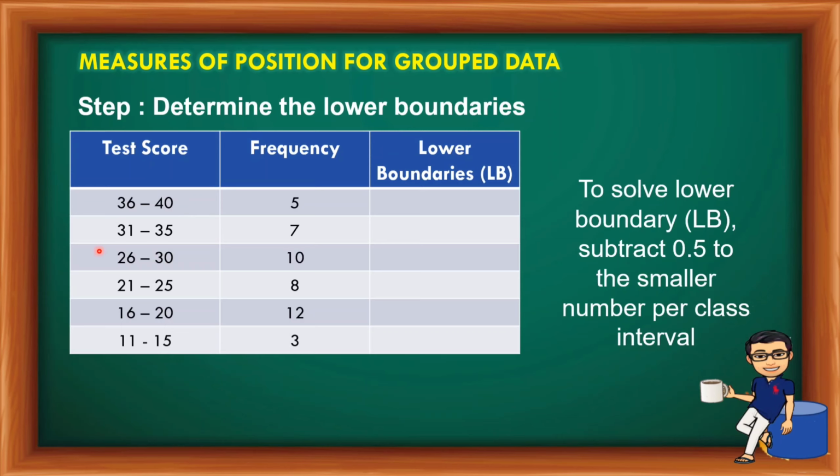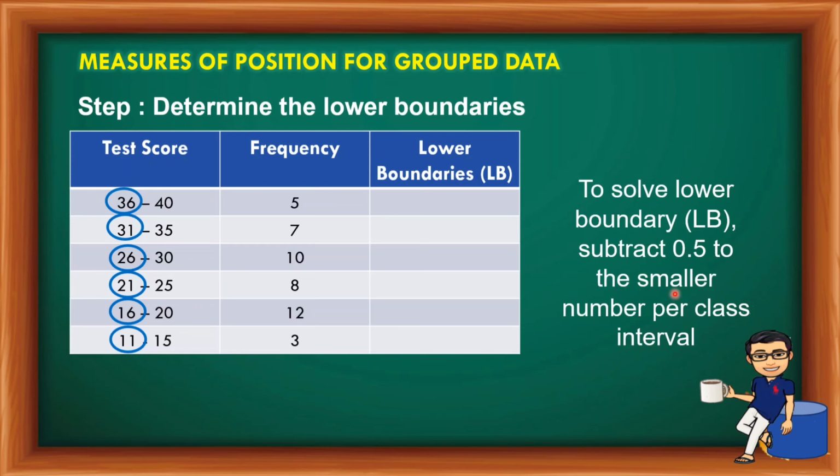At kung titignan natin, from this class, 11 to 15, ang ating smaller number ay 11. Sa 16 to 20, 16. Sa 21 to 25, 21. Sa 26 to 30, 26. Sa 31 to 35, 31. Sa 36 to 40, 36. So, yun yung ating smaller number.